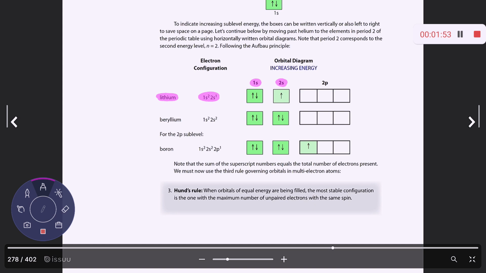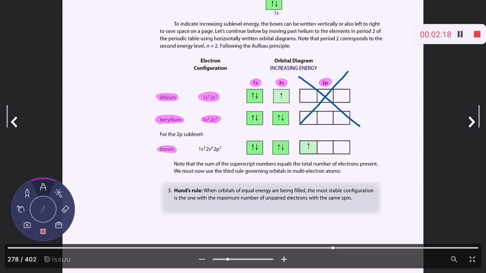You will always draw 3 boxes for each p. And then they filled it accordingly. Notice they filled the 1s first, and then they filled the 2s. So now we have a total of 3 electrons. Here for beryllium with the 4 electrons, 2 in 1s, 2 in 2s. You don't have to draw the 2p here because you're not going to use it, okay?